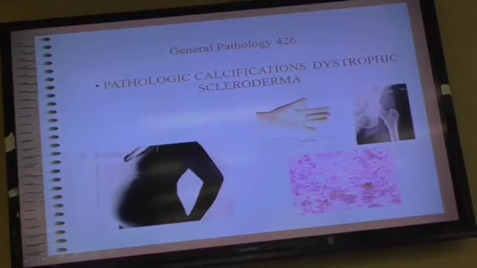That's the mineralization from damage to the skin. You get scarring of the skin and mineral deposits in it. And as we look at it histologically, that's what the mineral looks like.